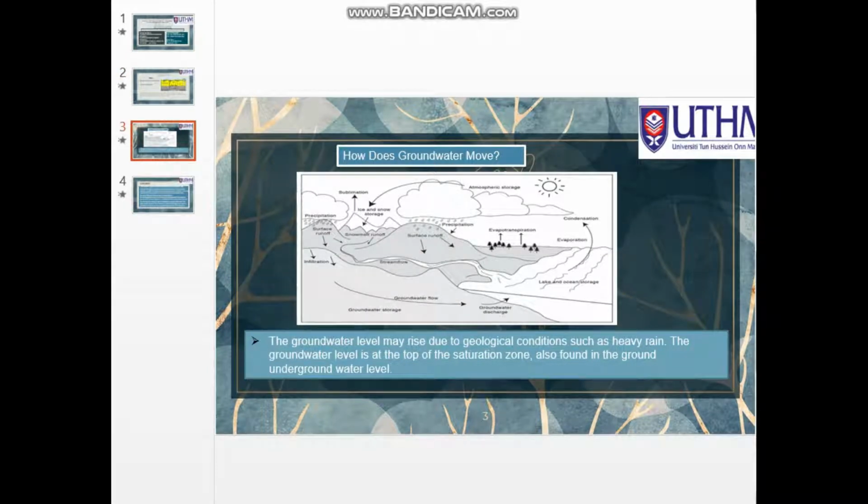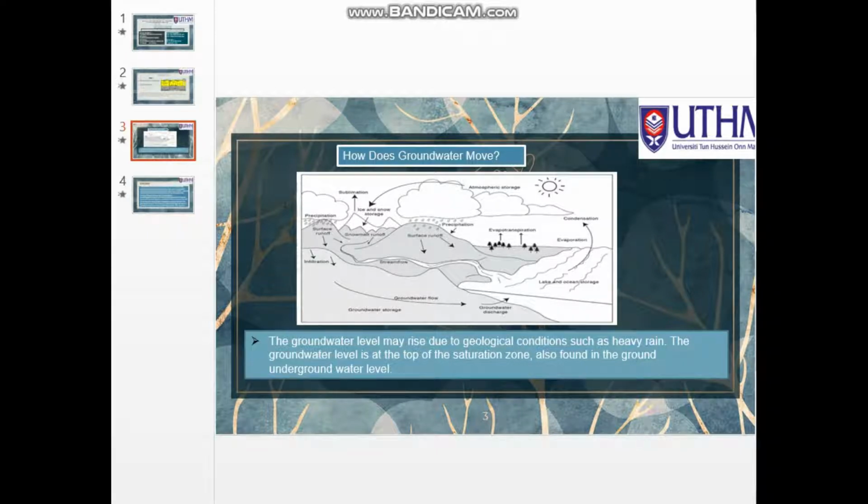How does groundwater move? Pores in the soil rocks are saturated with water at a certain depth, but can be shallow or deep depending on the situation. Water penetrating into the soil is absorbed by the soil particles. As shown in the figure, the rate of water flow depends on the surface area of an aquifer.